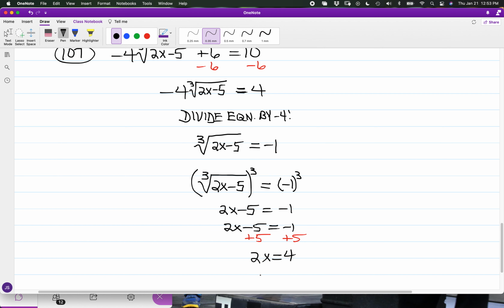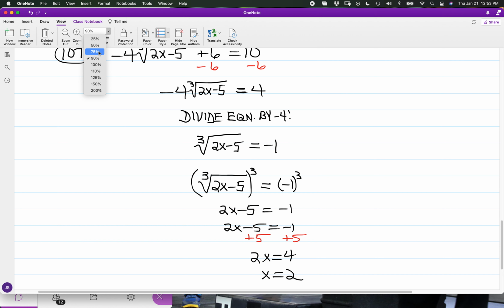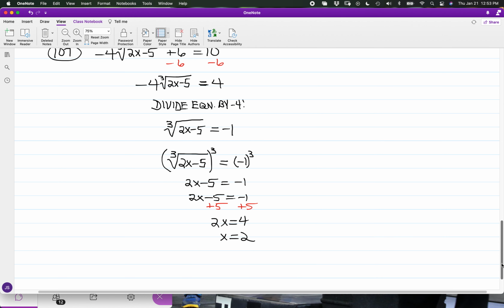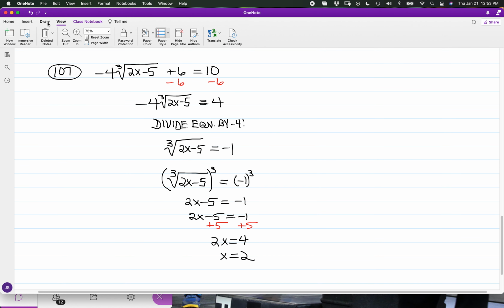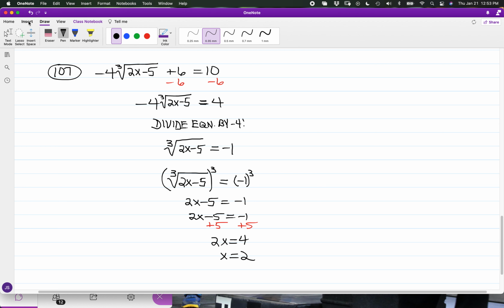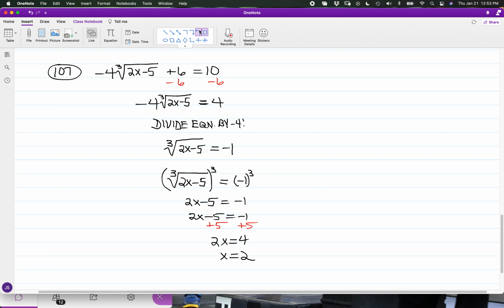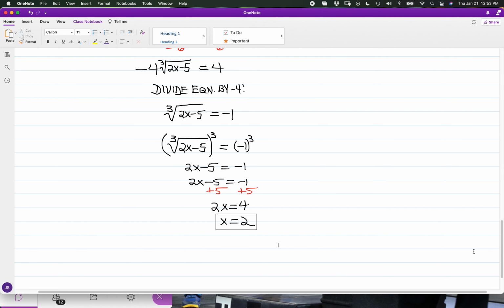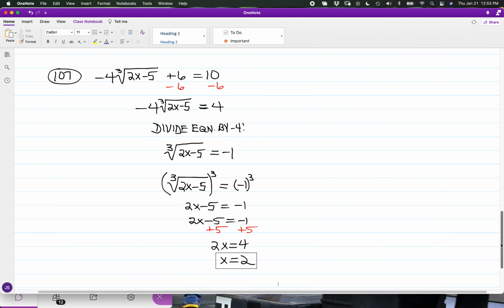With a division by 2, we have that x is equal to 2. And again, with odd root radicals, you don't have to go back and check as you would with even root radical expressions, just like what we have with 105 and 106. So 2 is going to be our solution in this problem.